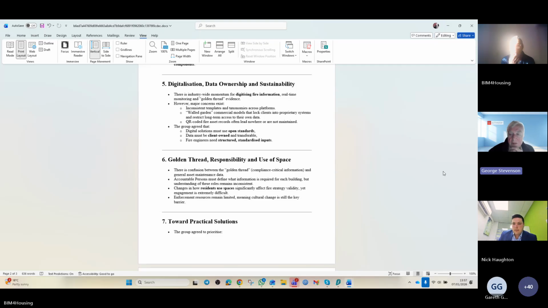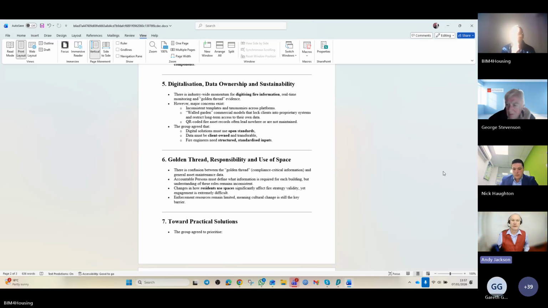Yeah, definitely. Andy Jackson. Yeah, thanks. The idea of product passports is great, and the idea of standardization. I know the BSI were doing a lot of work on that and had produced a standard. I've been trying to find it, but I can't remember what number it is. That's really useful stuff.